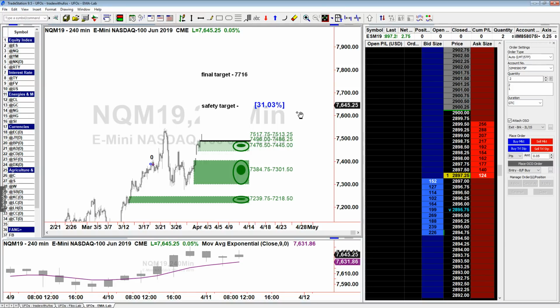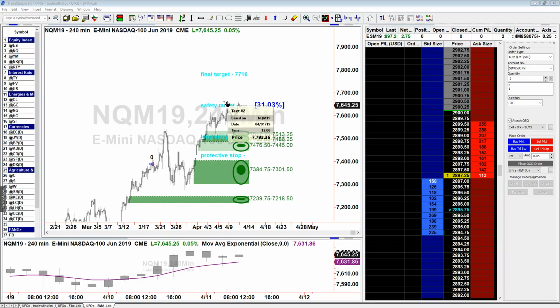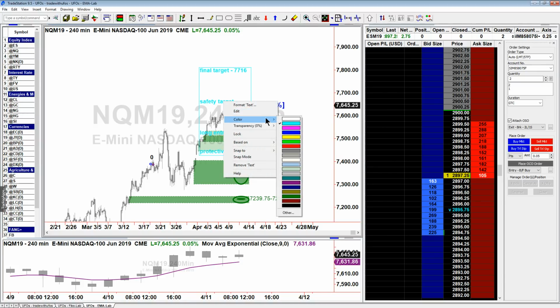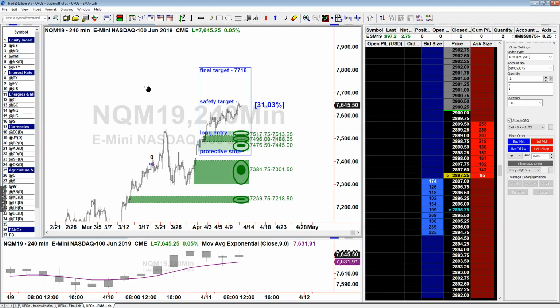Then more or less here, we're going to have a long entry, which I need to also specify more precisely. I'm going to do that right now. And finally, below the UFOs, we will have a protective stop in case this market doesn't behave the way we expect it, and instead of going up, it starts going down, so then we will want to protect our risk with a stop loss order.